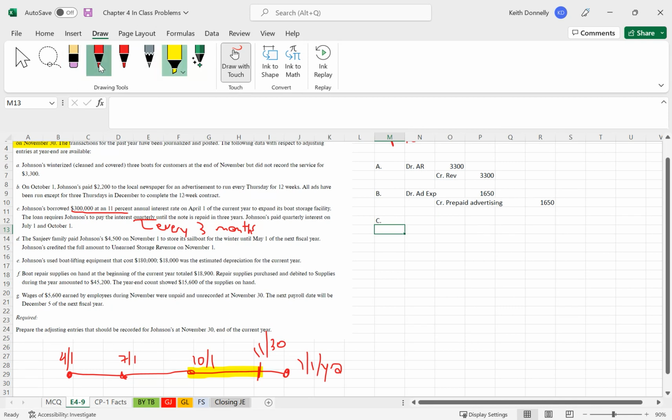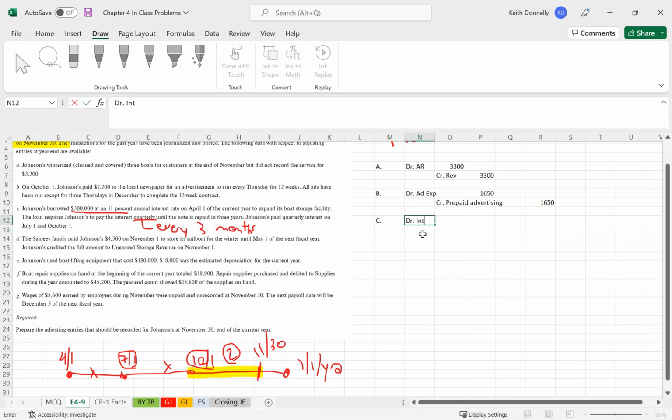And we don't do anything before that because we've already paid it. Accrued it for 3 months, paid it. Accrued it for 3 months, paid it. Here we're 2 months in, in other words we have October and November, 2 months have passed. That's what we have to accrue for in this case, interest expense.